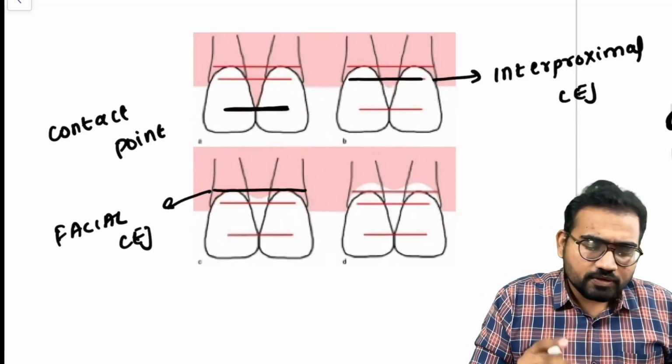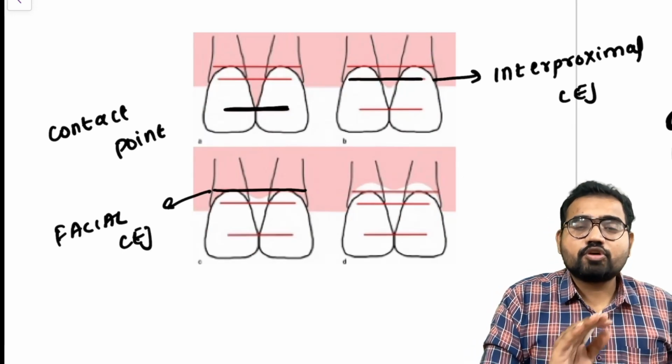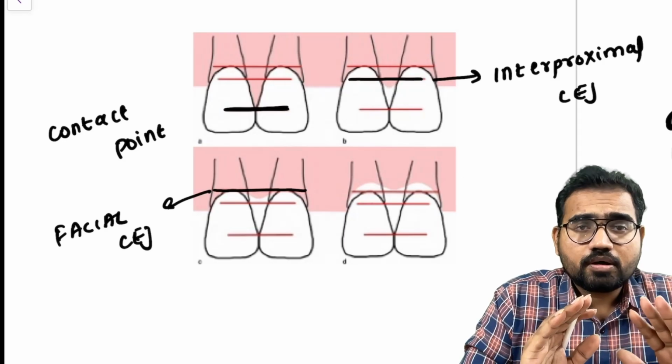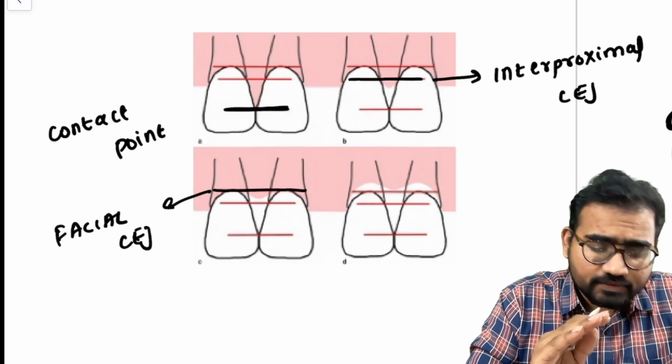Okay, so take a look at this patient. This patient is absolutely normal, not having any kind of interproximal attachment loss. And take a look at this patient.